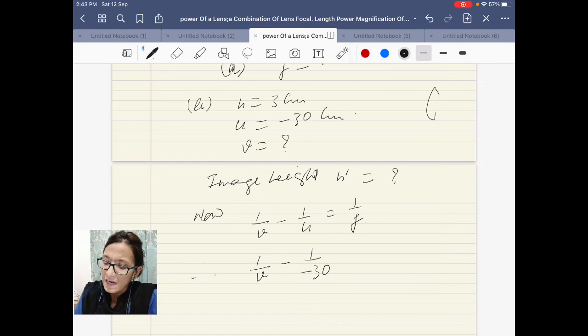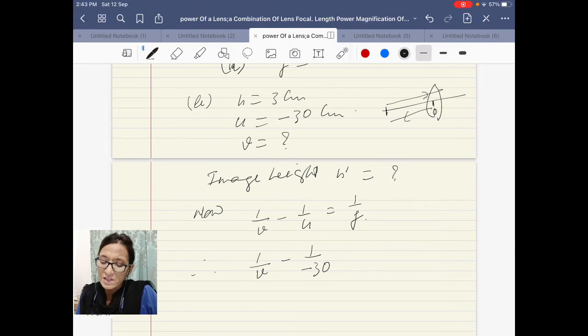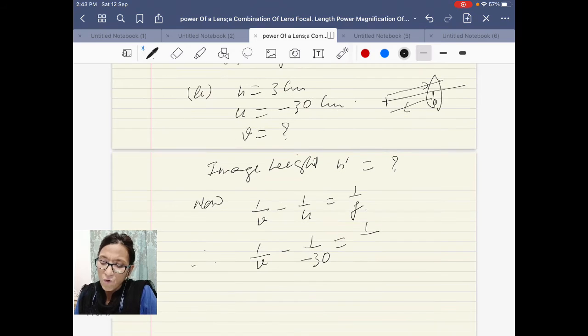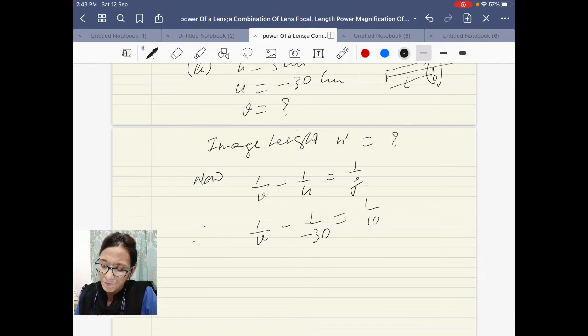U is taken negative because it is on the left hand side of any combination of lenses. So the direction in which the ray is coming from the object and the direction in which we are measuring the distance of the object starting from the optical center, both are in opposite directions. So U is taken negative here, and this is equal to the focal length, 10 centimeter. From here we can find the value of V.